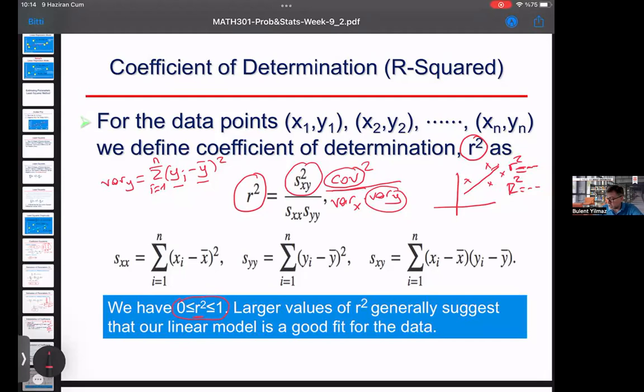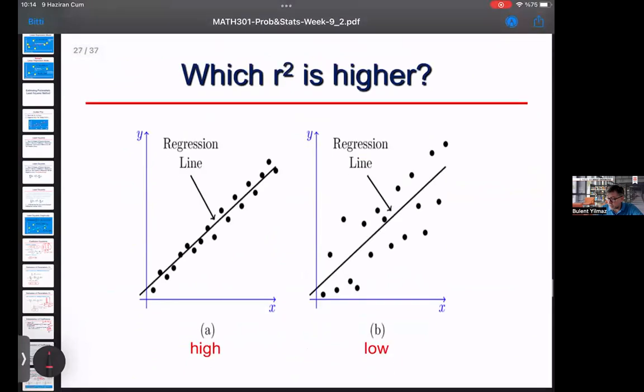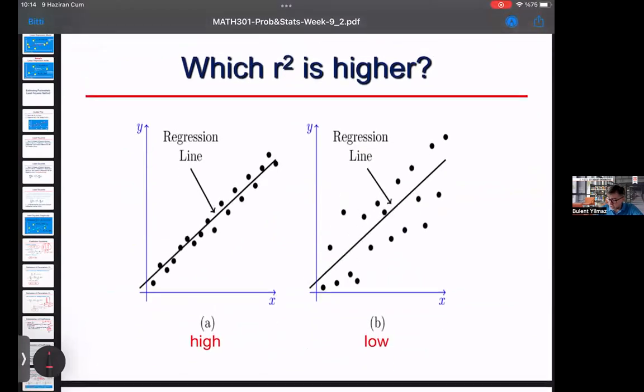Let me give you one example like that. For example, this is the regression line that I have. This is the first regression line, this is the second regression line, and I have these data. You can see that r squared is high here. Why?